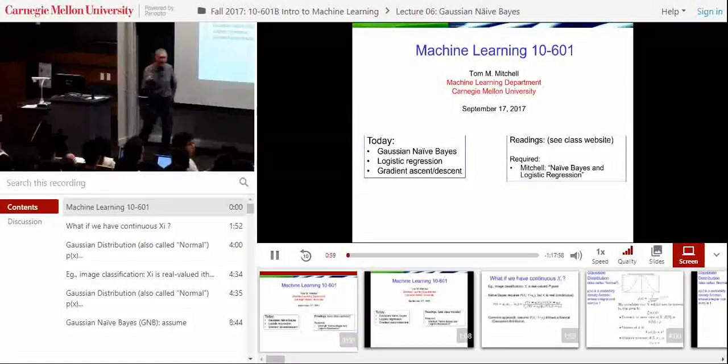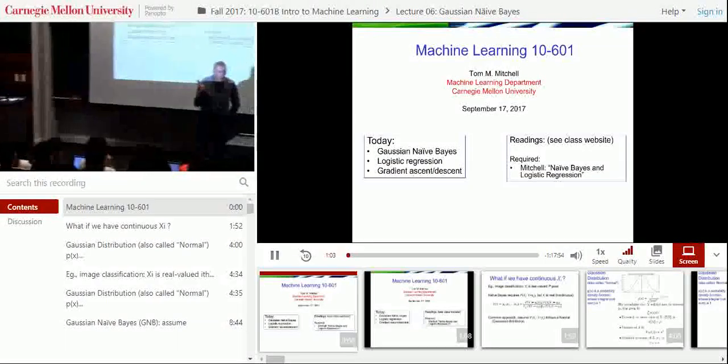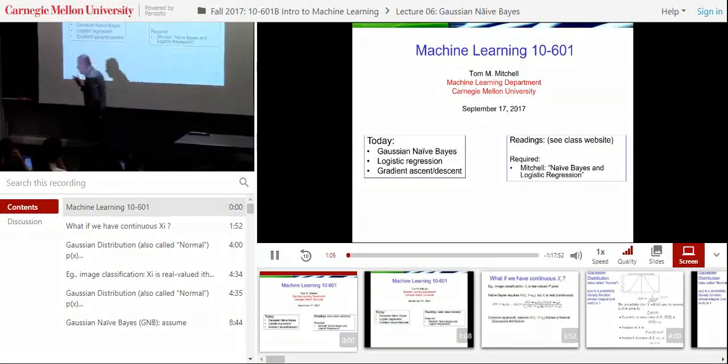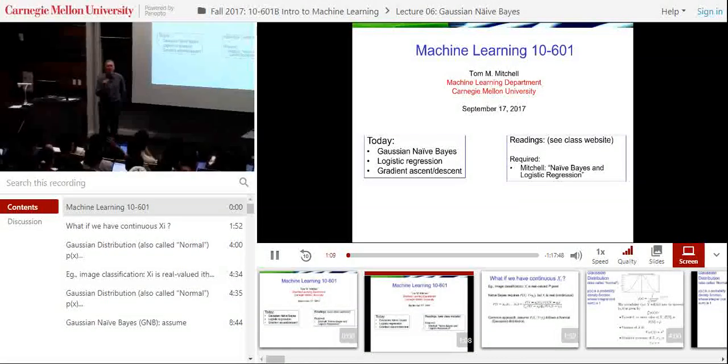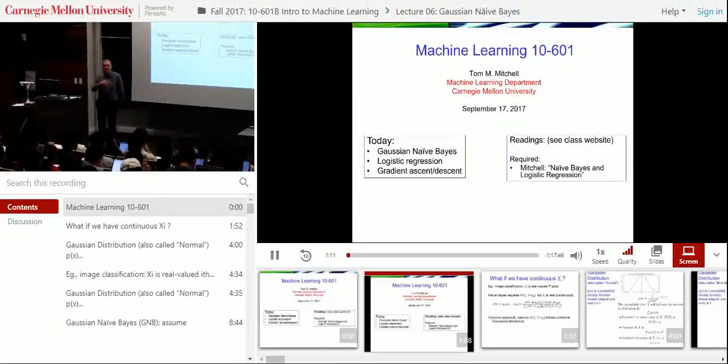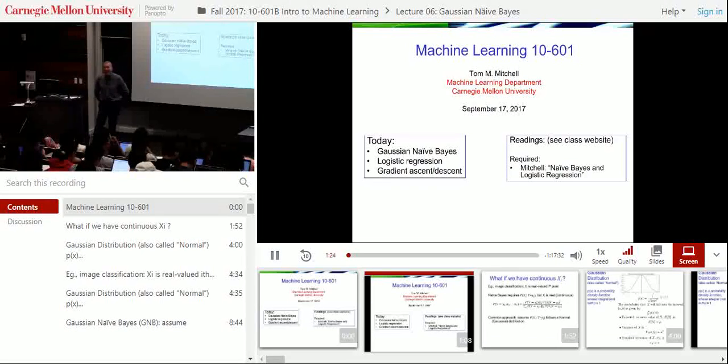Okay, so today we are going to do several things, but the two most important are to finish our treatment of naive Bayes, where we'll expand it to the case where we have continuous variables, and second, to learn about logistic regression, which is really one of the other most widely used machine learning algorithms in practice.